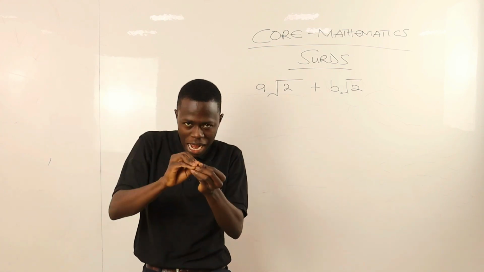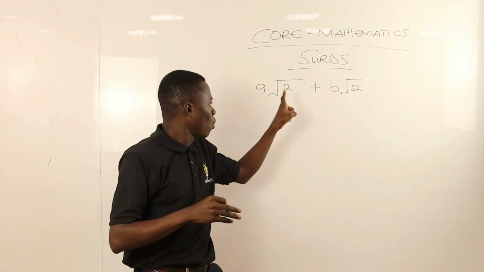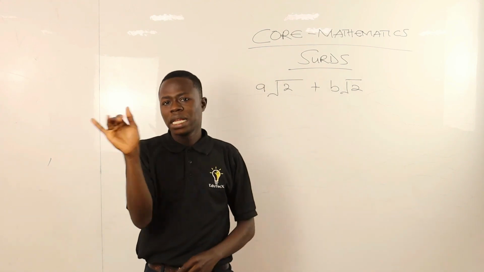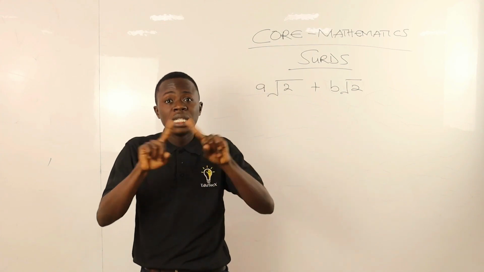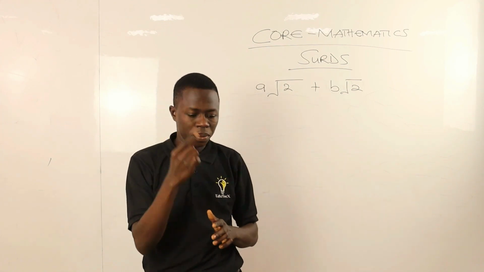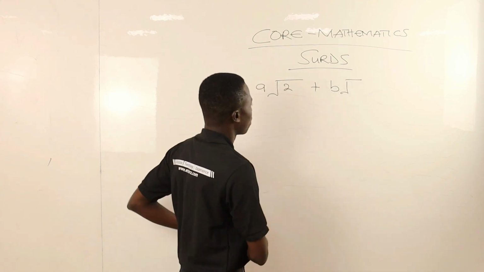Again, kindly note that you can only add or subtract surds if the numbers under the square root sign are the same. So for instance, the one we have on the board, we have square root of 2 and square root of 2. They are the same, so we can add.